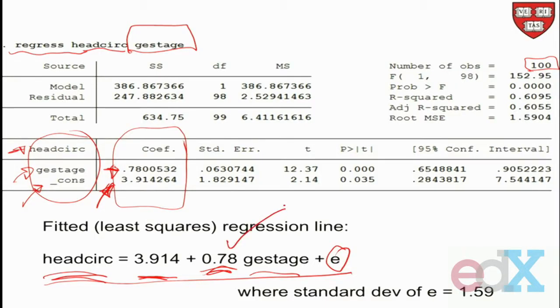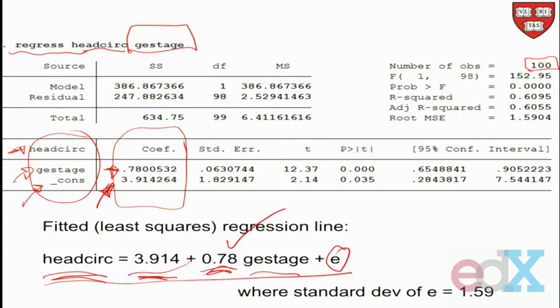It tells us that head circumference increases by 0.78 every week of gestational age increase. The head circumference increases by 0.78 centimeters. And this is the intercept, although the intercept means nothing here because our experimental region, most of these babies are 26, 27, 28, 29 weeks.